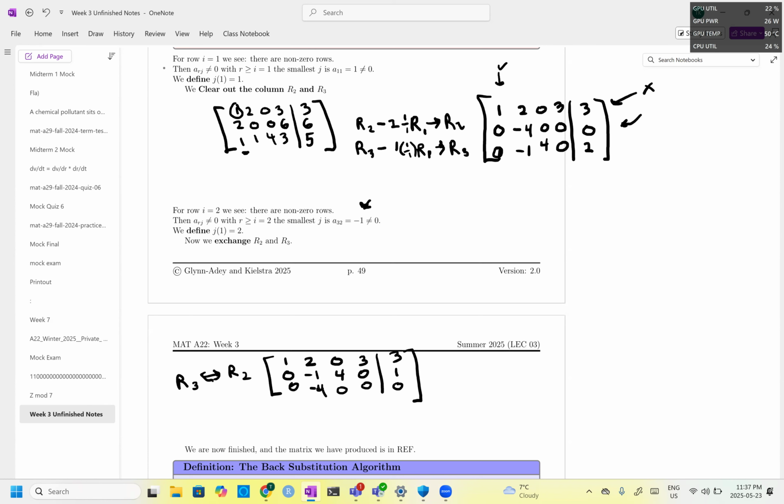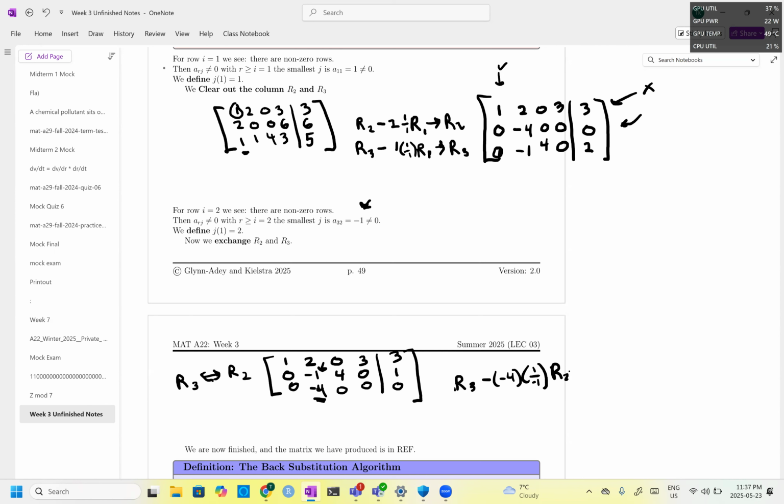So we're going to take R3, and we're going to minus that minus 4 times 1 over minus 1. The minus 4 comes from the leading term. The minus 1 is the multiplicative inverse of that minus 1.